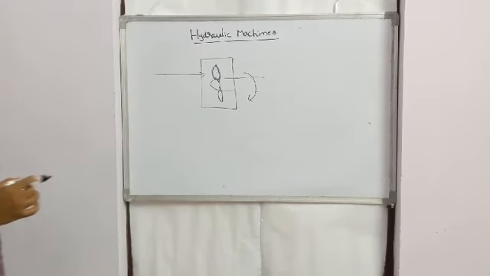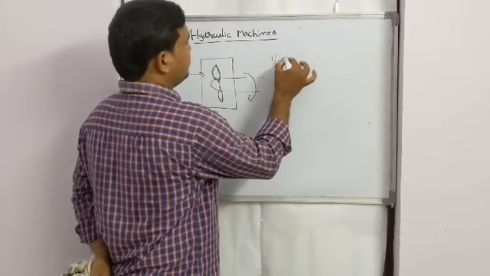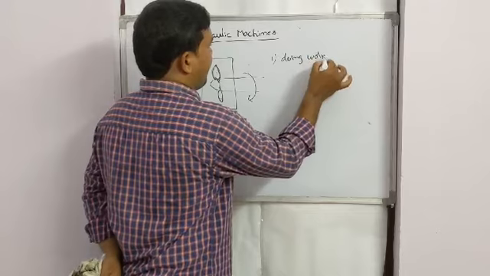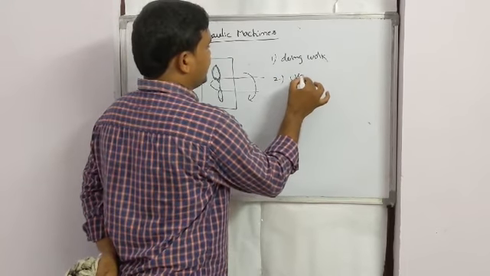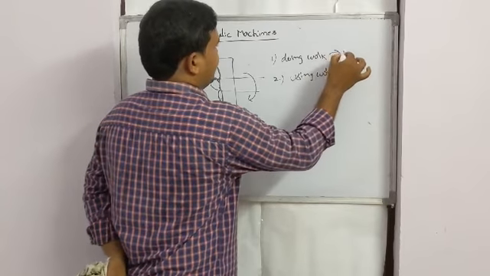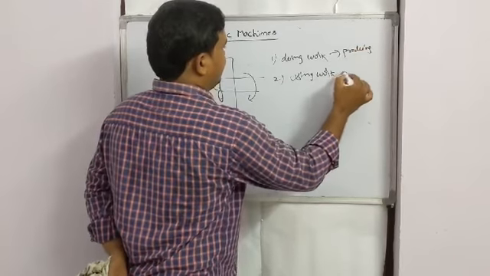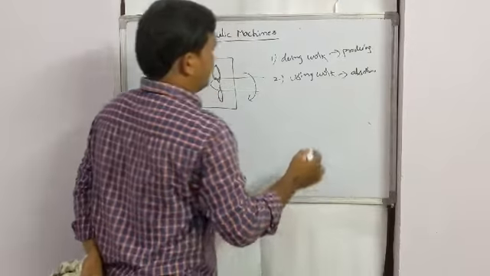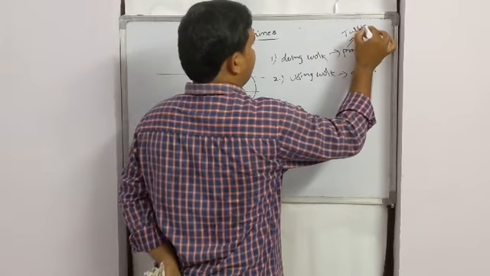So these are the two types. The hydraulic machines are doing work or using work. This means producing work, this means absorbing work. The machine producing work is called a turbine.